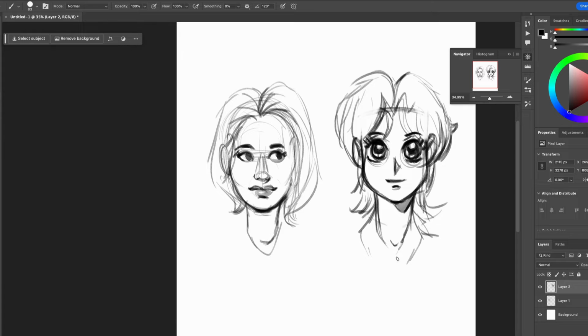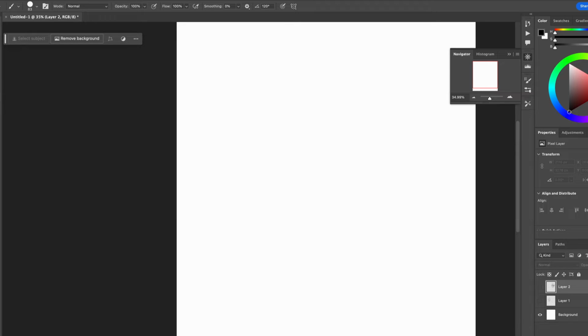Lots of shaggy or spiky hair, almost like 80s glam rock kind of stuff.